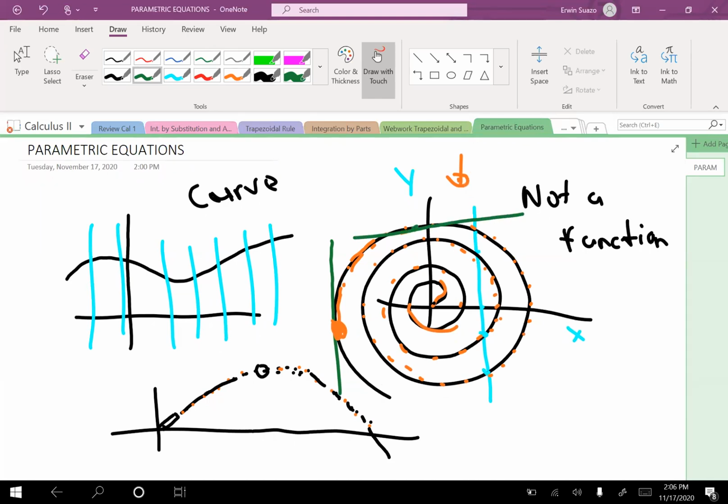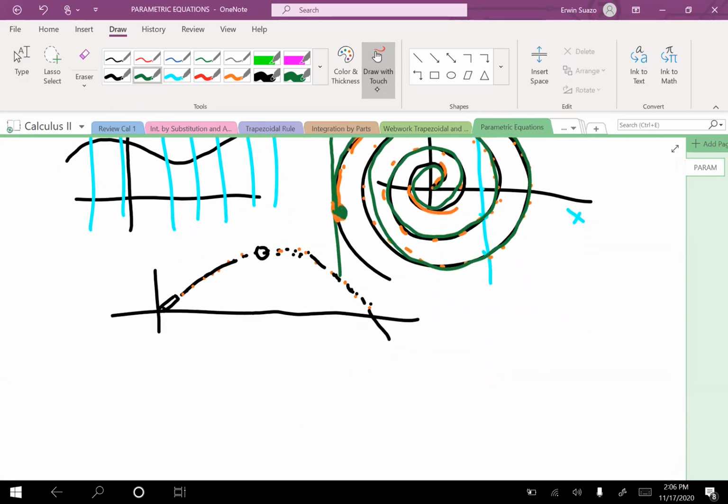Further, what is the distance? Let's say the particle started over here. What is the distance that the particle runs until it goes to the center? So this is like an arc length integral. And another kind of trajectory could be something weird, like something like this.